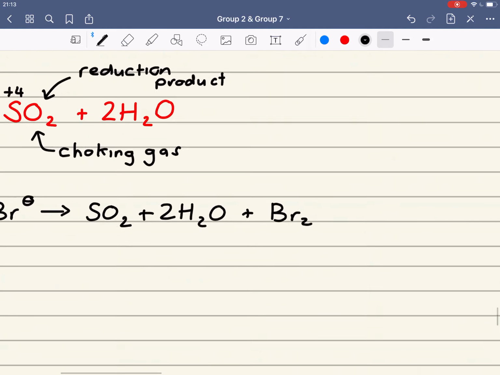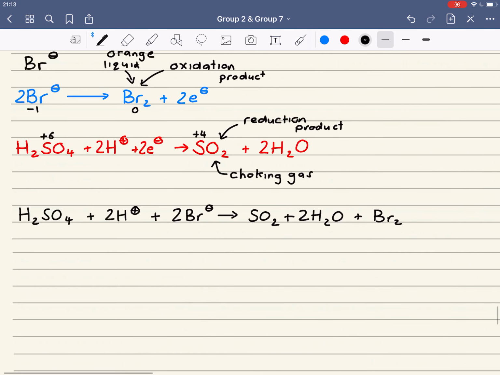So that would be my overall equation for the reaction of sulfuric acid and bromide ions. So the sulfuric acid wants the electrons more than bromine, will take the electrons off the bromine, and the bromide ions are then oxidized to bromine.